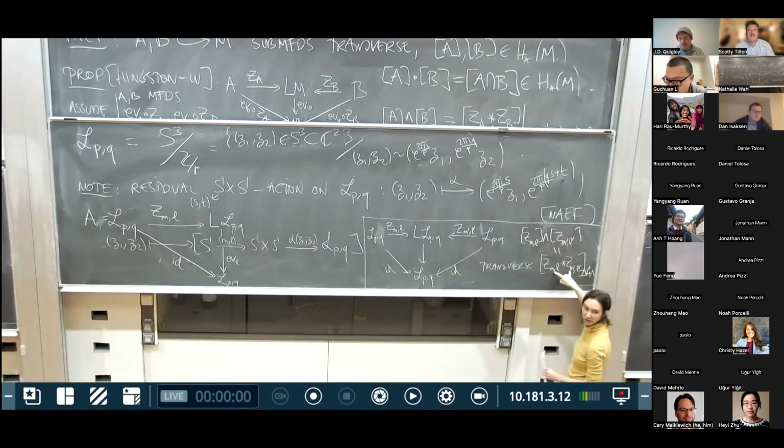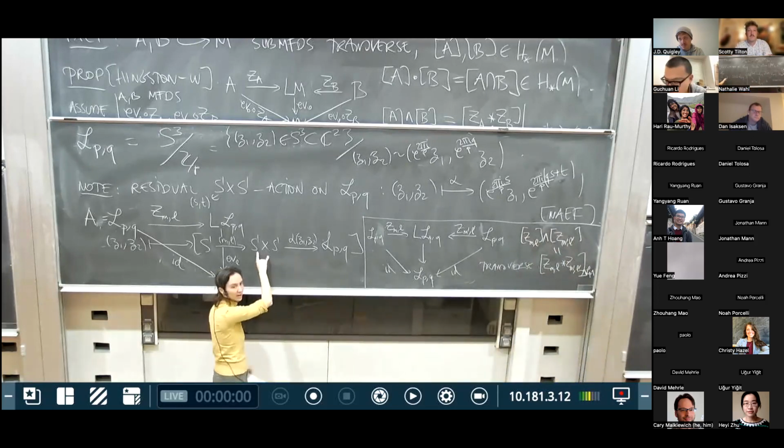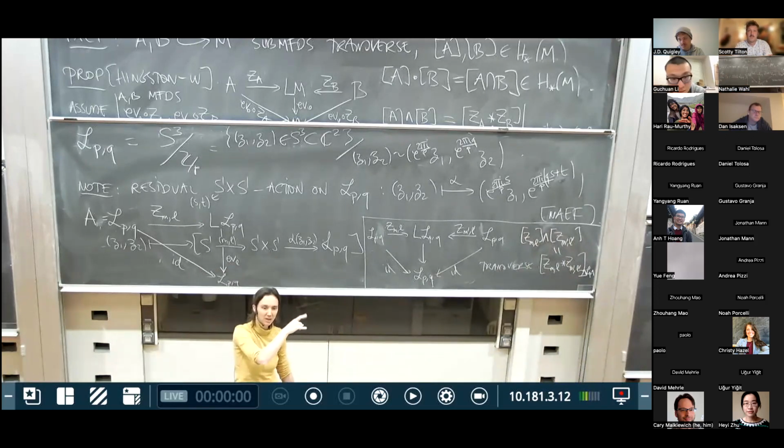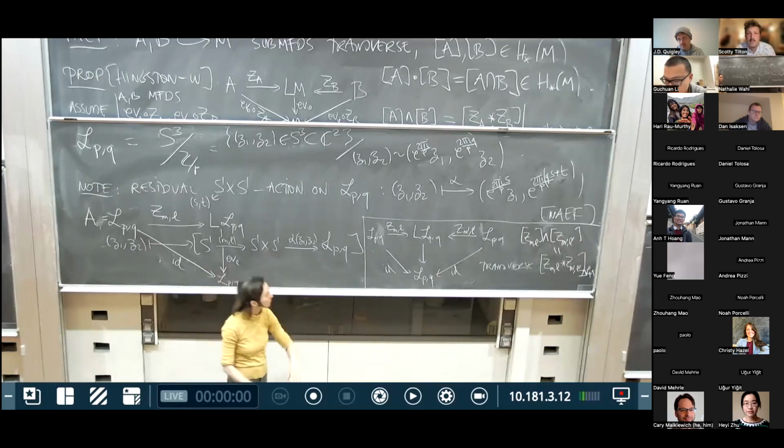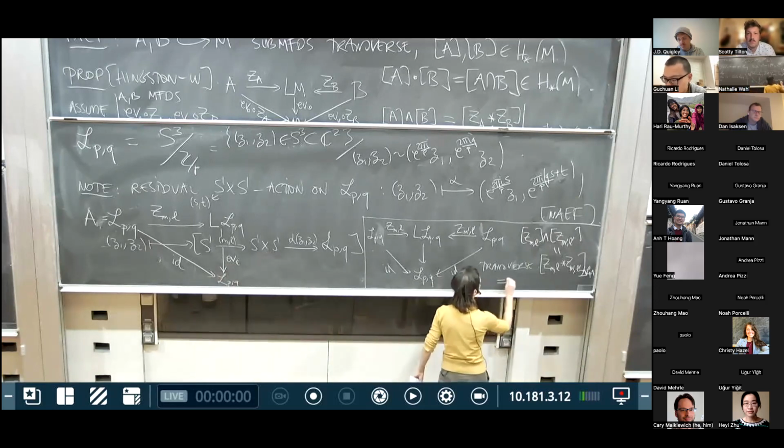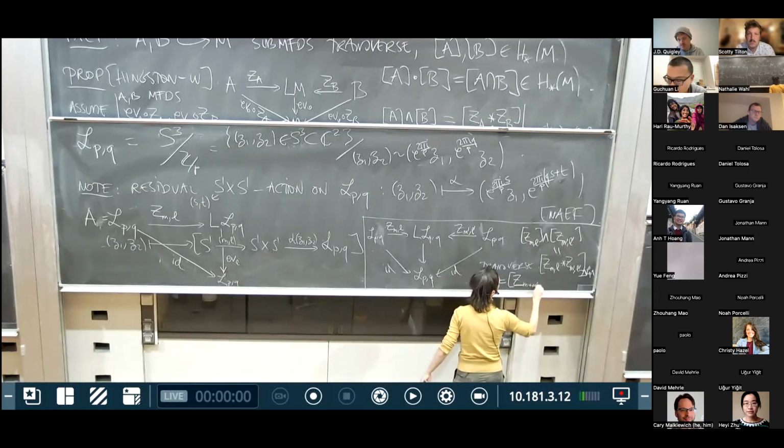But what is this concatenation? It's all about these loops I picked, the loop of slope M, N and the one of M prime, N prime. When I concatenate them, this is the product in my pi one, and I know very well what it does. It's M plus M prime, N plus N prime. So this will give me exactly the class Z M plus M prime, N plus N prime.